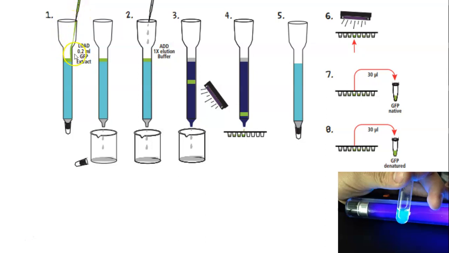So we add it to the top, and we unplug the bottom, and it starts to drain. Then we kind of add some different buffers along the way, getting the proteins to move their way through the matrix. Again, smaller ones are going to come out last. The big fat ones come out first. Because it's fluorescent protein, we can actually watch as it slowly moves through.